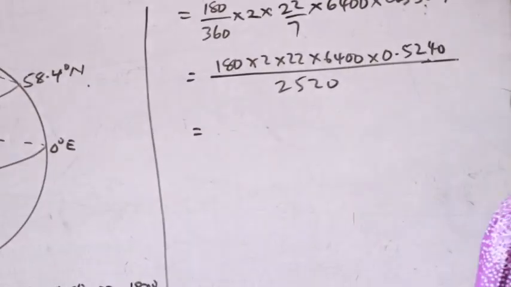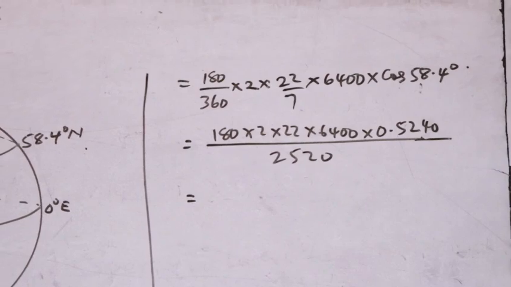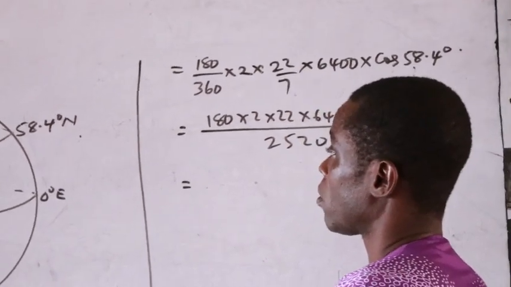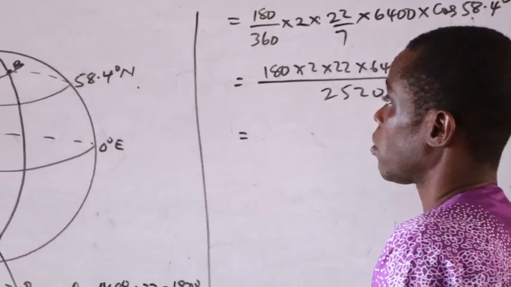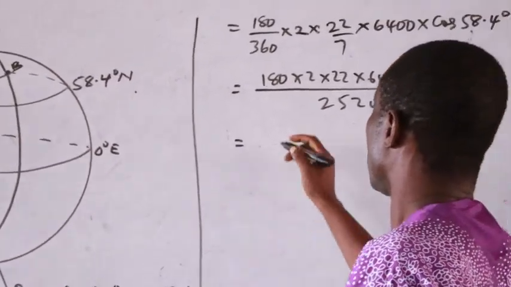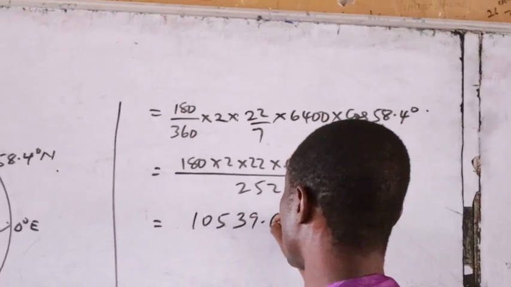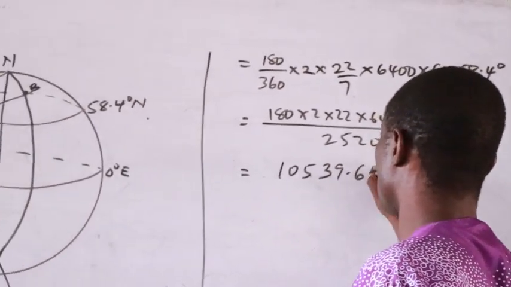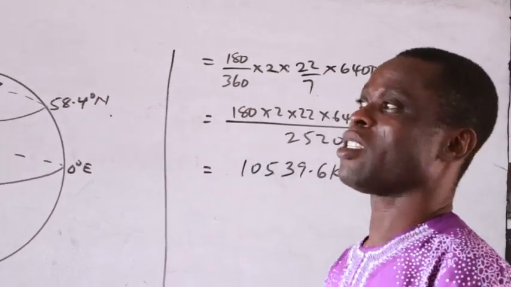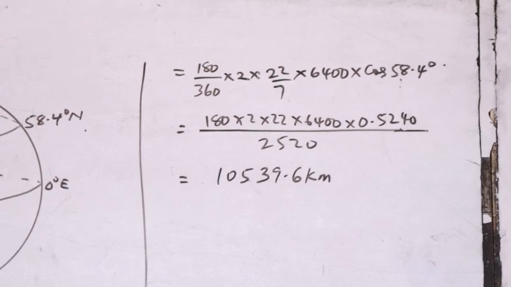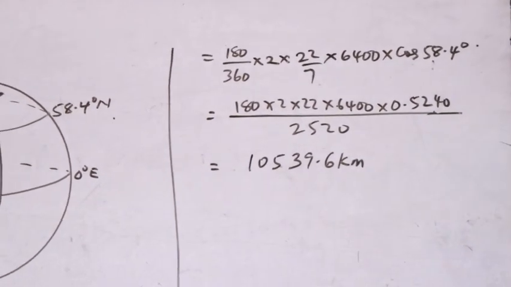Multiply all the numerators together and divide by 2520. That gives 10,539.6 kilometers. That is the distance along the parallel of latitude.